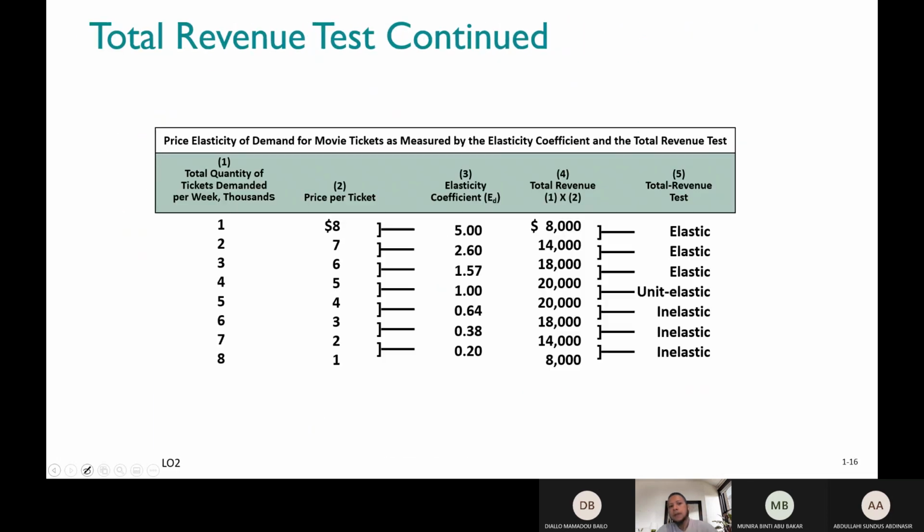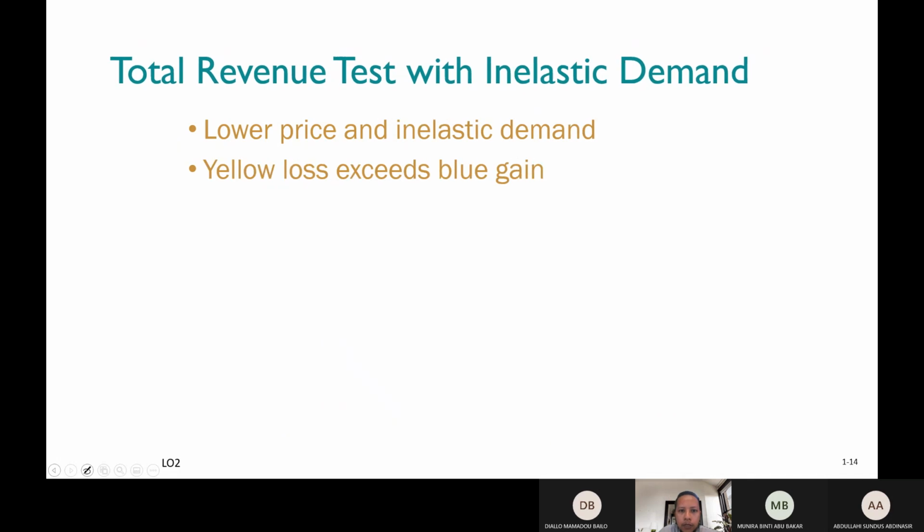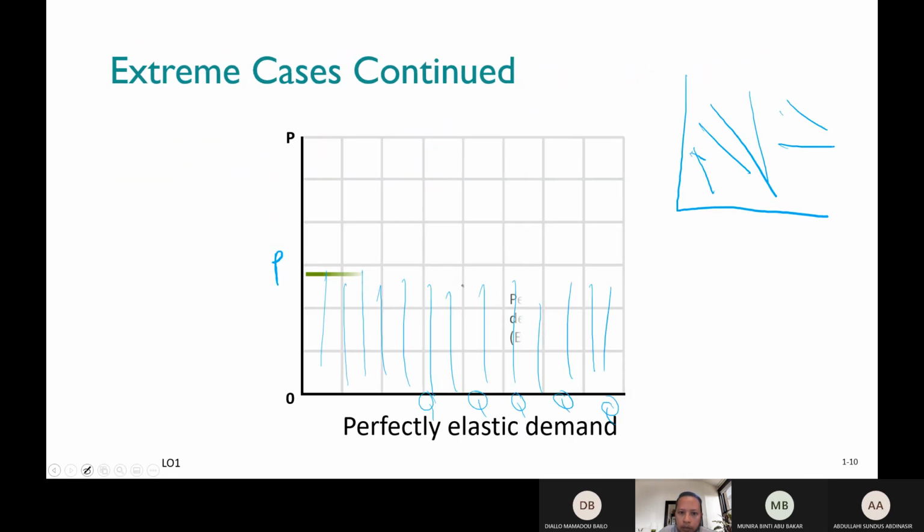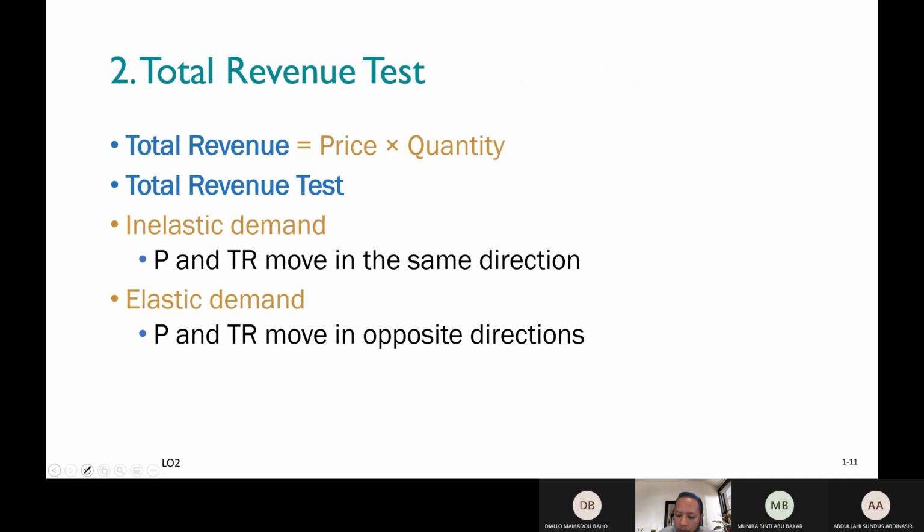So the midpoint formula, I think I'll try to find it in a while, but we'll move to the total revenue test first. Okay, so one way to judge whether demand is elastic or inelastic is using this formula.